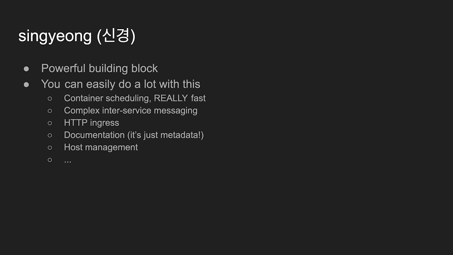You could use it as an HTTP ingress. You can say, hey, send this HTTP request to a service that can accept from host XYZ. You can store documentation, because that's just arbitrary JSON, it's just metadata. And you can do things like host management. So you can say, hey, send this to a node that doesn't have this package installed so it can install it. There's so many other things that you can do. And so I did.